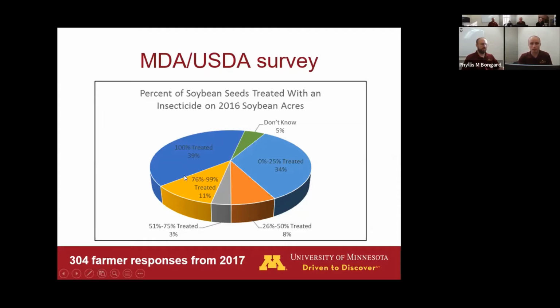And what we can see on the left-hand side of this pie is that 50% of the growers indicated that they were treating 76% or more of their acres. So, even in Minnesota, we've got pretty high usage of these neonicotinoid seed treatments.